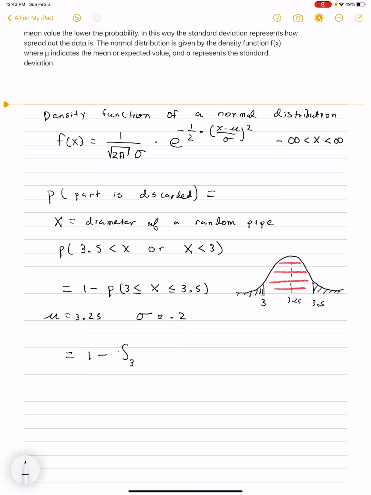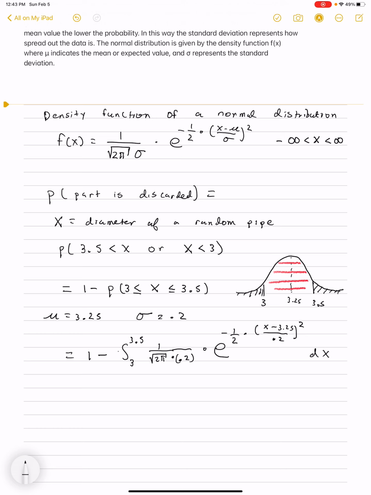Integral from 3 to 3.5 of 1 over root 2 pi times 0.2 times e to the minus 1/2 times x minus 3.25 divided by 0.2 squared dx.